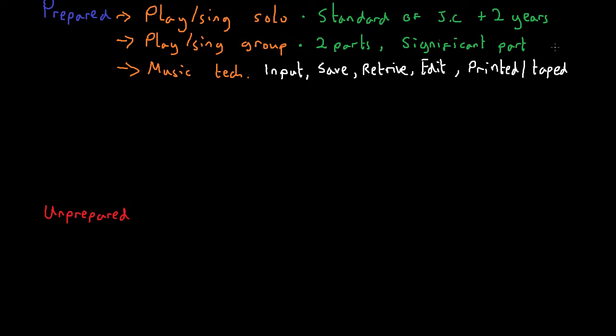If you're doing the music tech option and you're a higher level student, you're going to have to do a little something extra. As well as inputting via Sibelius or Finale or something else, you have to do one of two things. You can either play along with a recording of yourself, so essentially play along with a backing tape of yourself, or you can do two pieces.